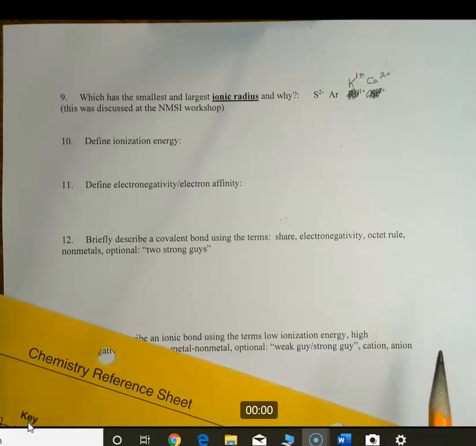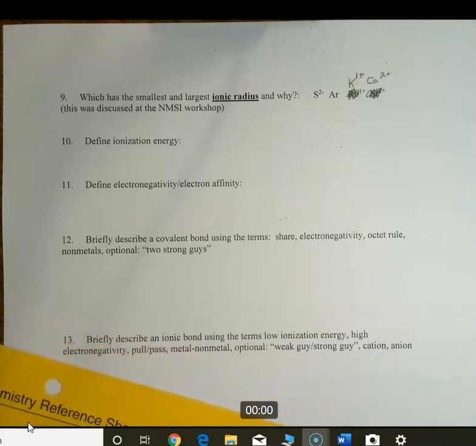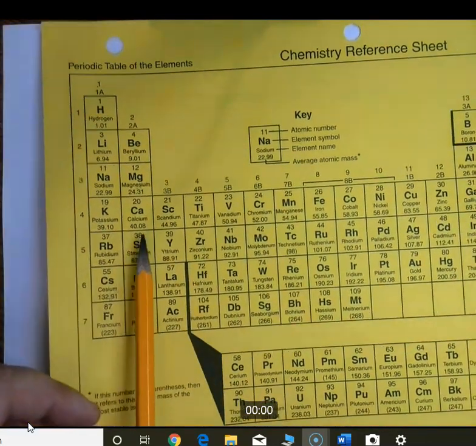So which one would have the smallest and largest atomic radius? Well, since they all have the same electron configuration, the same number of electrons in the same orbitals, the smallest would be the one that has the most protons, and that would be calcium.